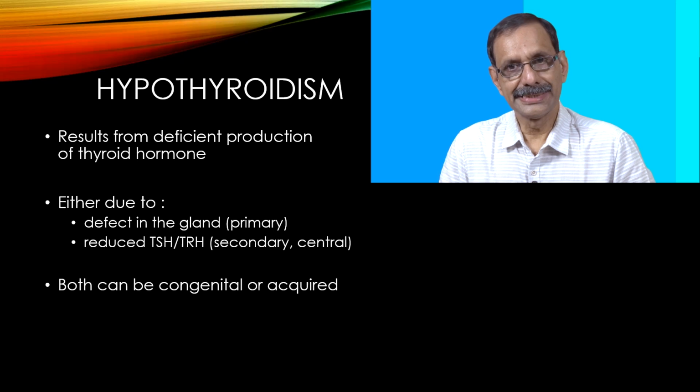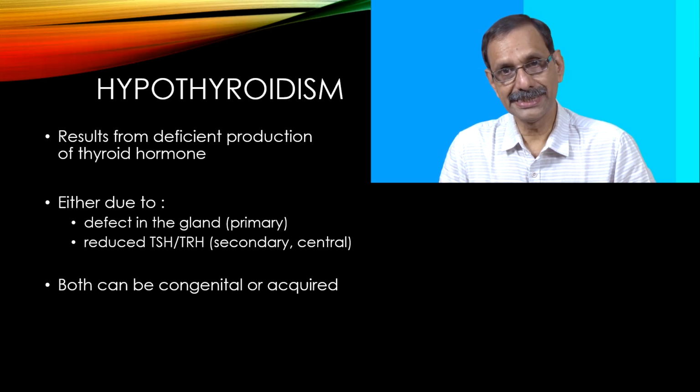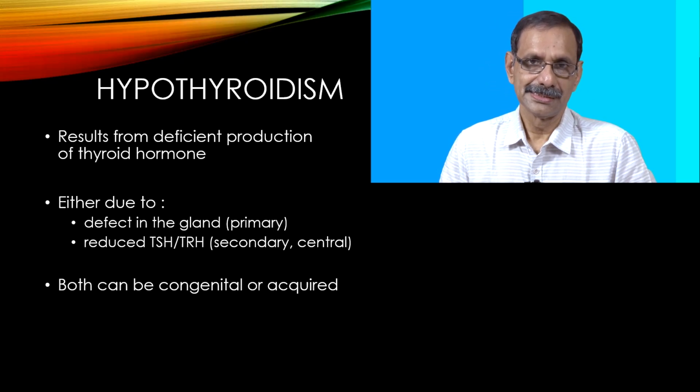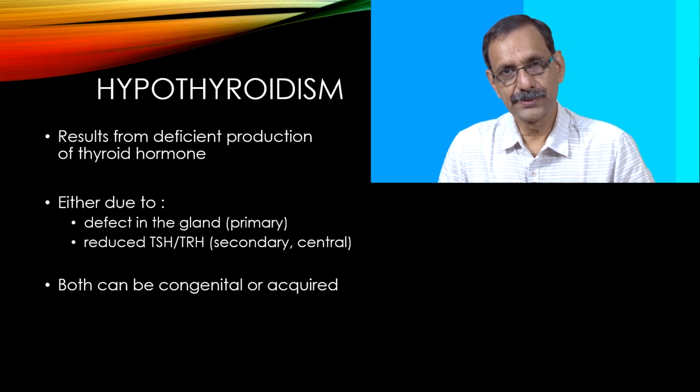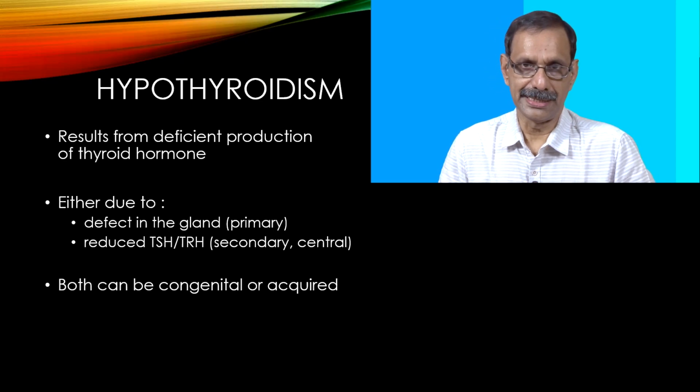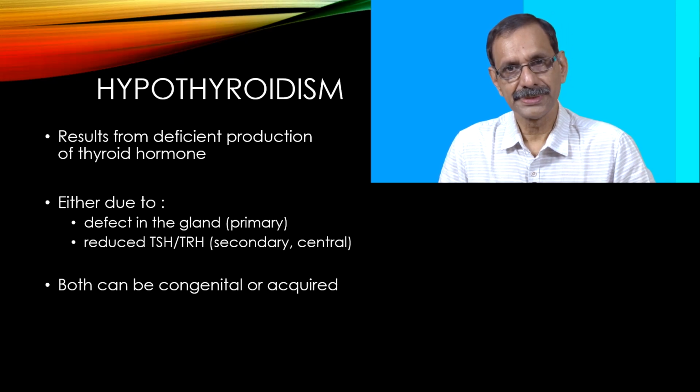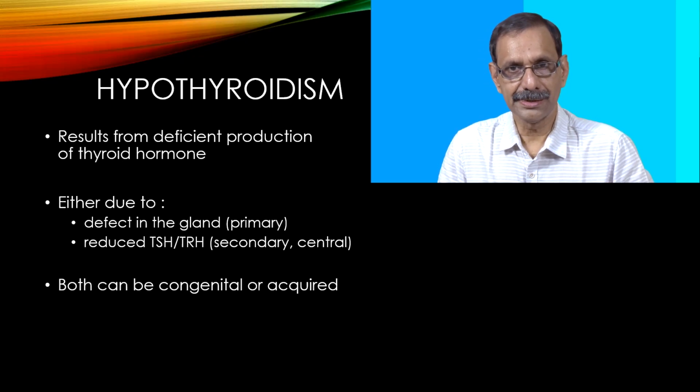Some people call TRH deficiency tertiary hypothyroidism also. So to remove confusion, we will call these two together central hypothyroidism, and the defect in the thyroid gland primary hypothyroidism. So from now on, it will be primary hypothyroidism and central hypothyroidism. Both can be either congenital or acquired.